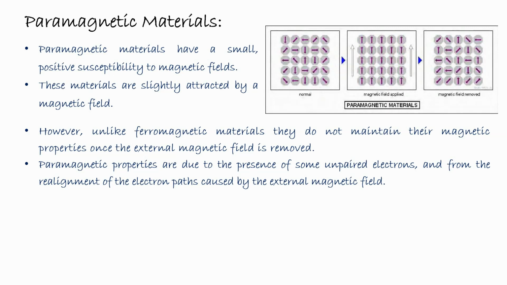Once the external magnetic field is applied, the electrons will be realigned and it will show magnetism. But when the external magnetic field is withdrawn, the electrons will go back to their initial position.